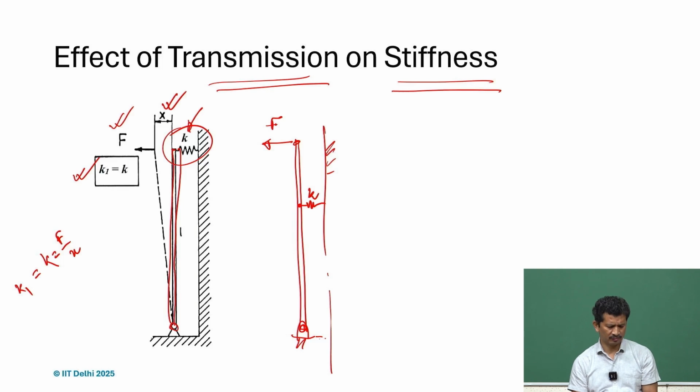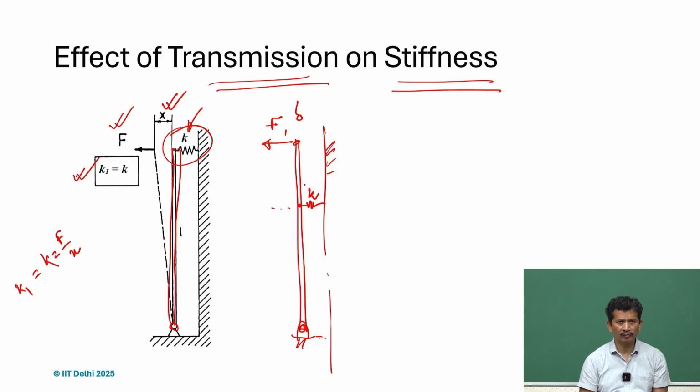Whatever F I am choosing here, and the stiffness here, there will be some associated deflection here. What is that deflection?